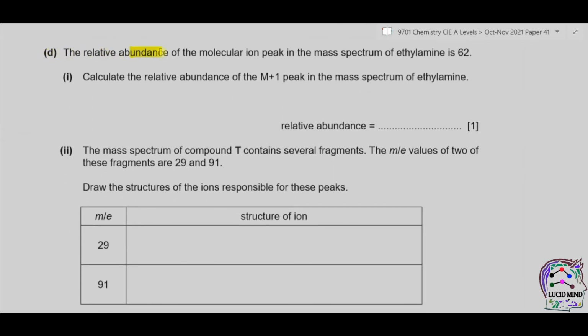Part D, the relative abundance of the molecular ion peak in the mass spectrum of ethylamine is 62. Calculate the relative abundance of the M+1 peak in the mass spectrum of ethylamine.